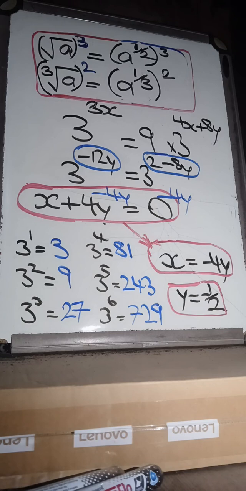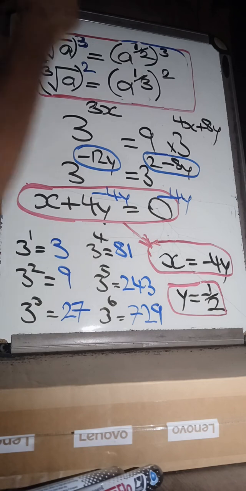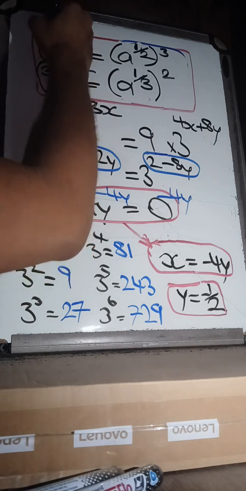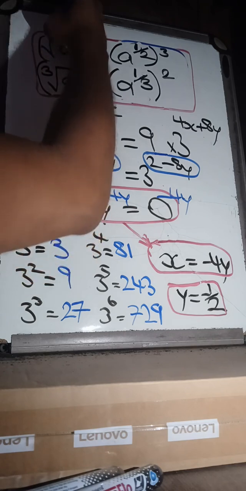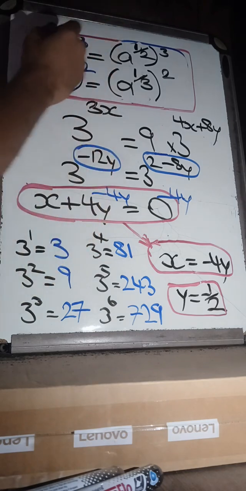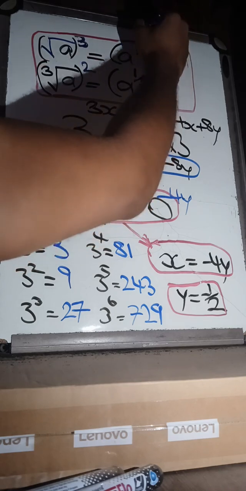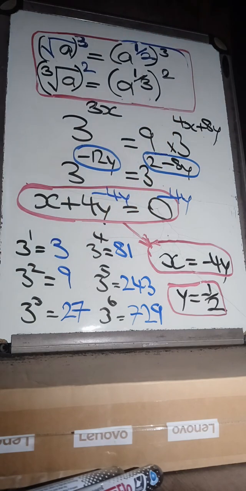Because you have the square, you have the square root. So just imagine that this square root is the same as this, 1 over 2.